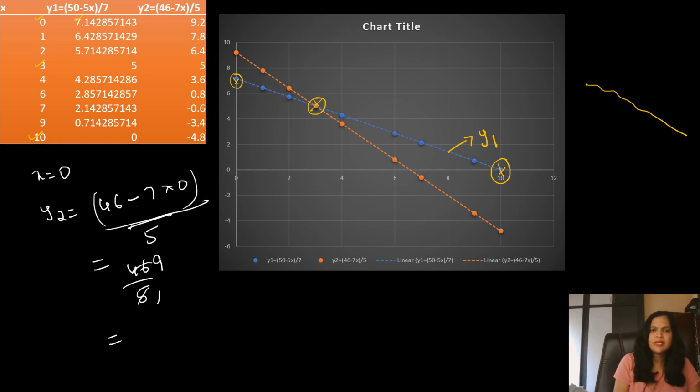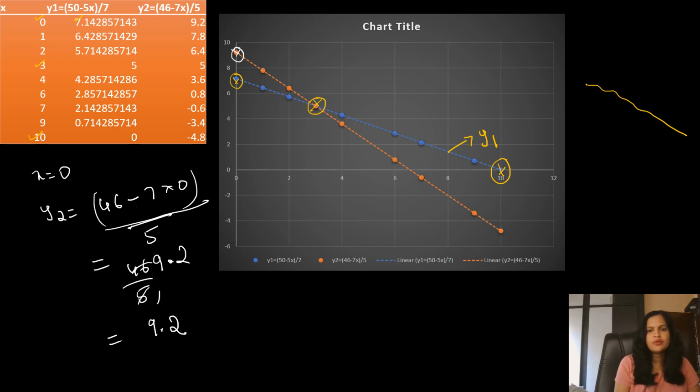Then I'll put the decimal point, 1 0 becomes 10. 5 twos are 10. You get the answer 9.2. When x equal to 0, you get 9.2. Not exactly 9; you have to mark this point at 9.2.